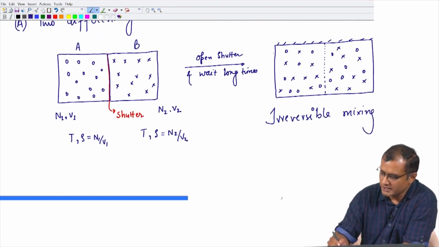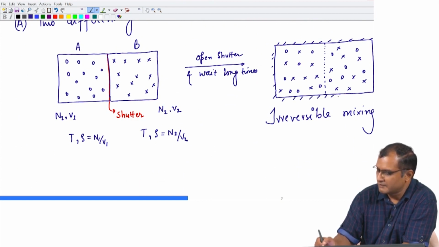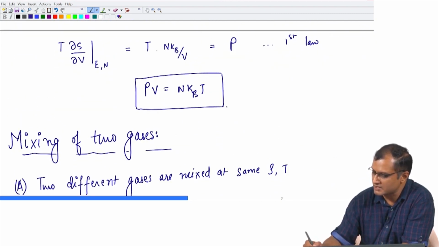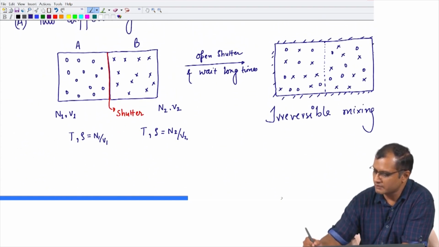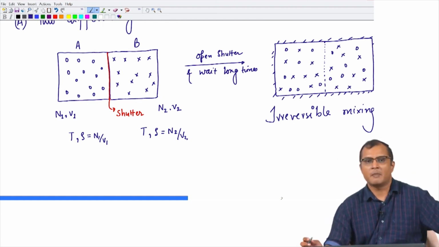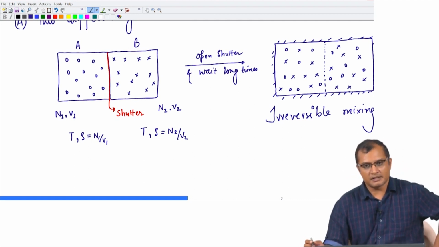Okay. So, the entire system is isolated from the surrounding, completely isolated, which means no amount of heat is exchanged and no amount of work is exchanged, and particles also cannot escape. So, no heat can come in or leave the system, no work can be done on the system, and certainly particles cannot escape.